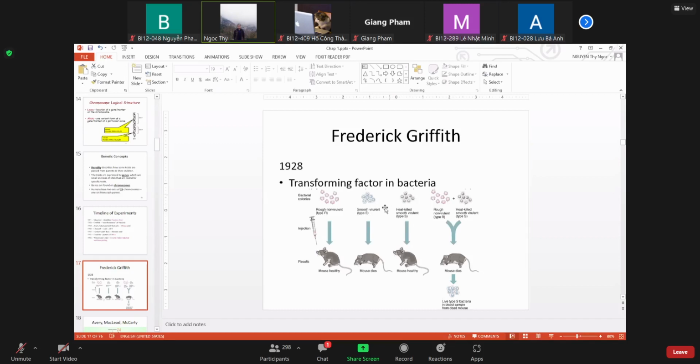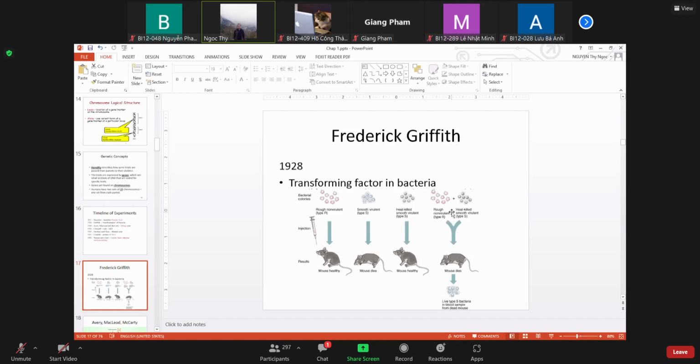He carried out a third experiment using the same type S, but he pre-treated it with heat. So the heat will kill all the type S bacteria. And when he injected it into the mouse, it was still alive, because the S was killed.